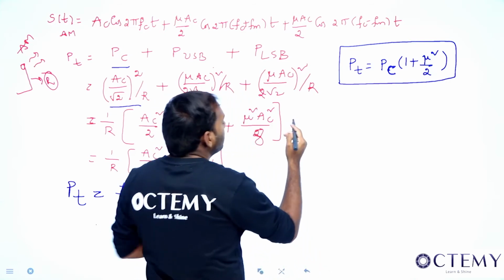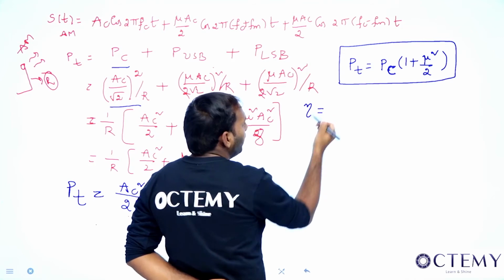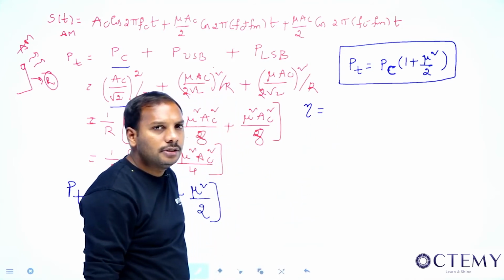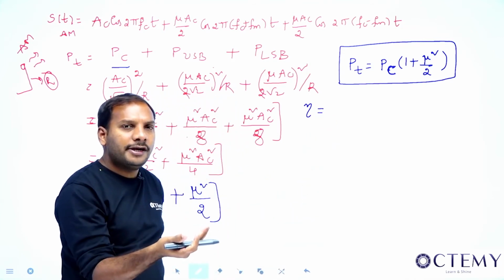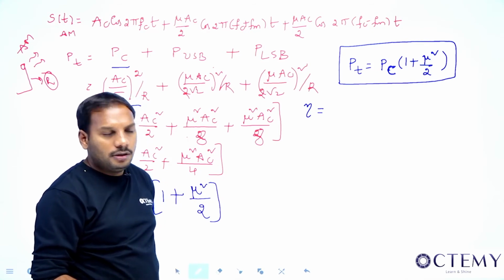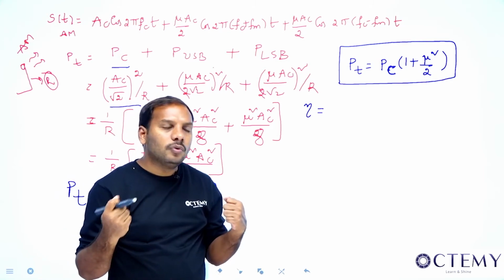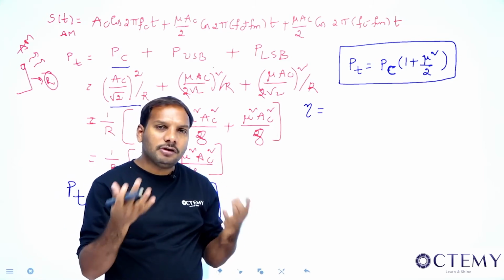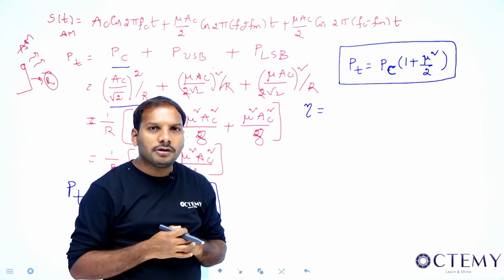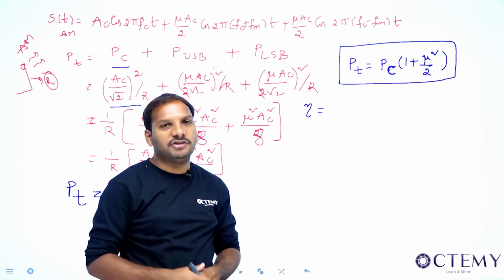Here the single tone AM system efficiency is given by, always, efficiency is useful divided by total. That is the efficiency of any system. Say I have 100% of energy, but in this energy only 80% is useful. Meaning is 80 by 100 into 100%, so I am 80% efficient.